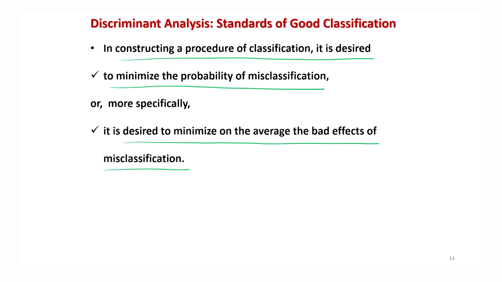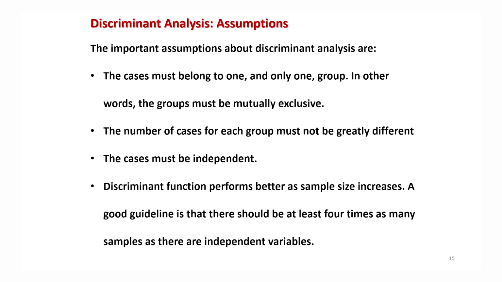Obviously the total probability can be divided into two parts: probability of classification and probability of misclassification. So if the probability of misclassification is minimized, obviously the probability of classification will be maximized. And so on.